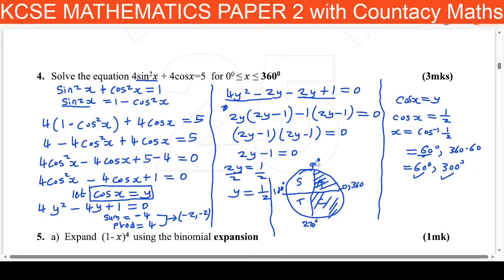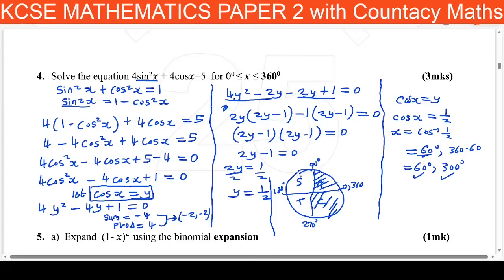But for this question, the most particular thing that was really tested is whether you can convert from one particular attribute to the other, like sine to cos or cos to sine, and also whether you can solve a quadratic equation, but even beyond that, whether you know where cos is positive, where sine is positive, where tan is positive, and so on.